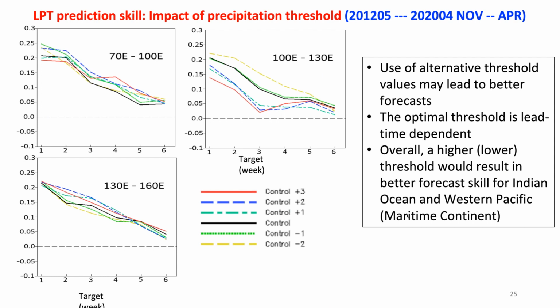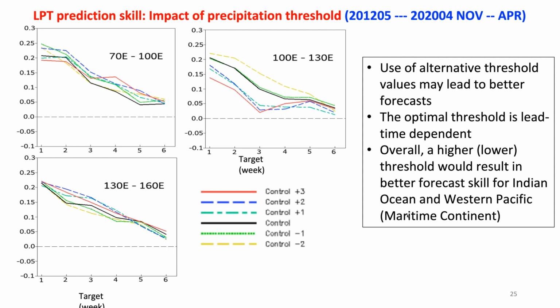So for example, for the Indian Ocean, the upper left, using control plus 2 millimeter per day produces the best scale. And for week 4, using control plus 3 gives the best forecast scale. Overall, for the Indian Ocean and for the Western Pacific, which are the left panels, we want to use a higher criteria.